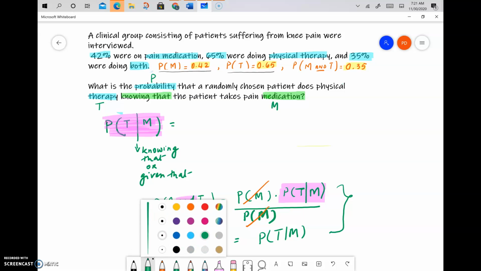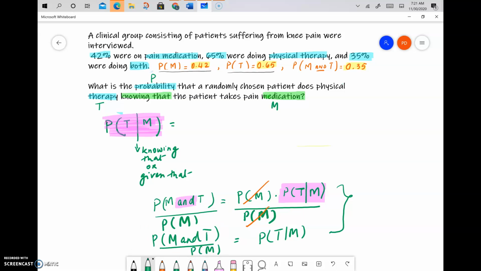So P of T given M, just remember that it is a quotient. In the denominator sits the probability of M. So this is after the knowing that symbol. The probability of that event sits in the denominator.